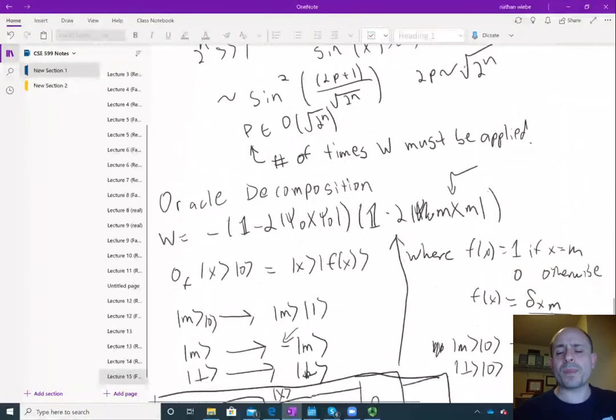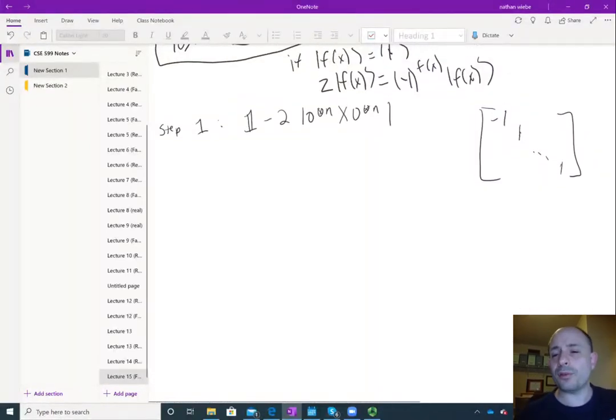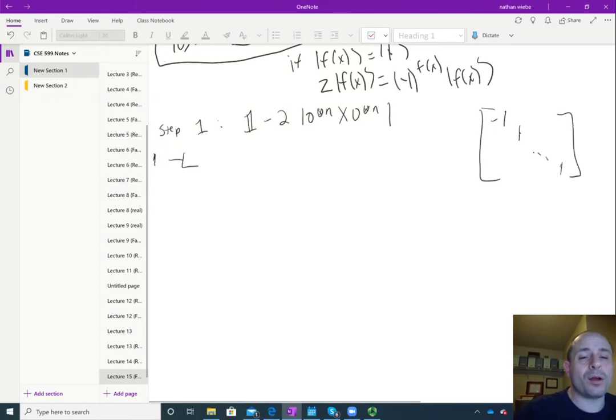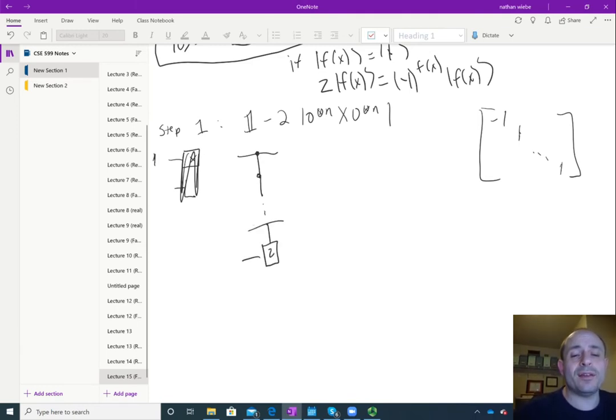And so the matrix can actually be carried out in the following way. If I take a look at the maximally controlled Z gate down here, this circuit is very similar, but it has the opposite pattern.